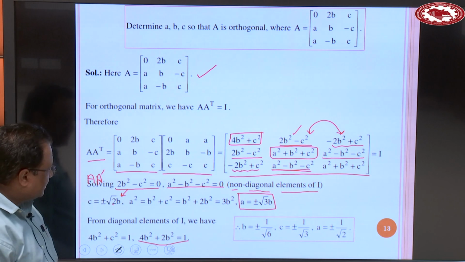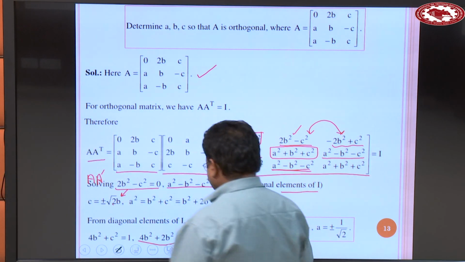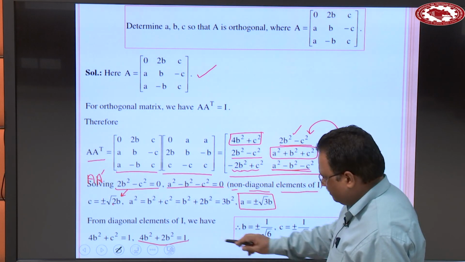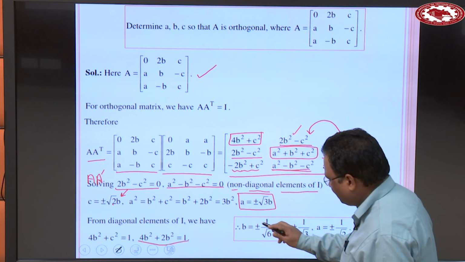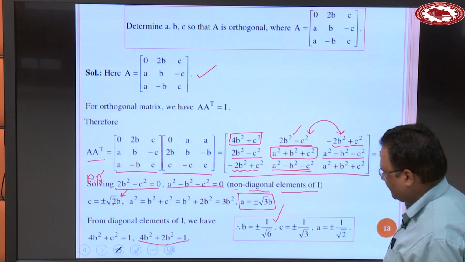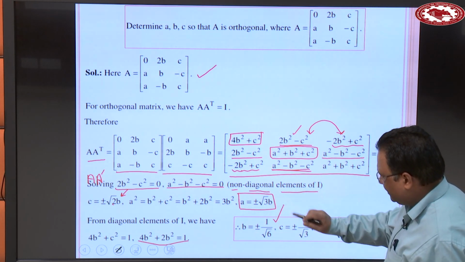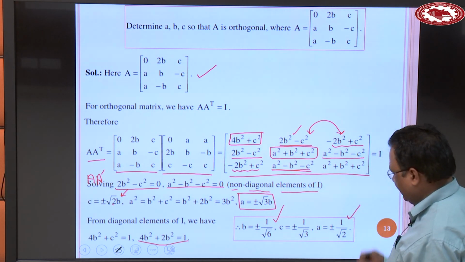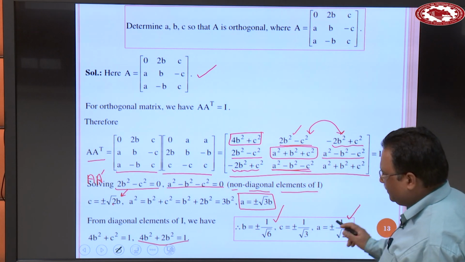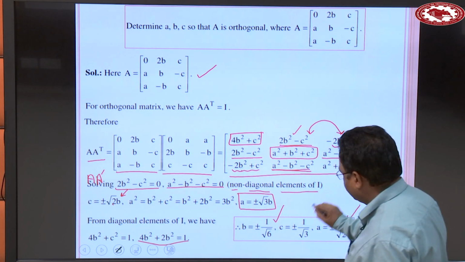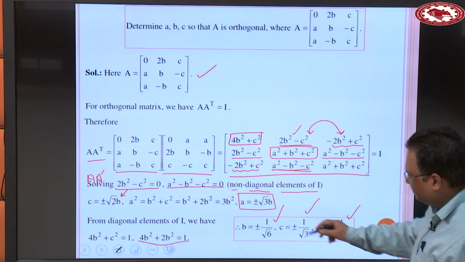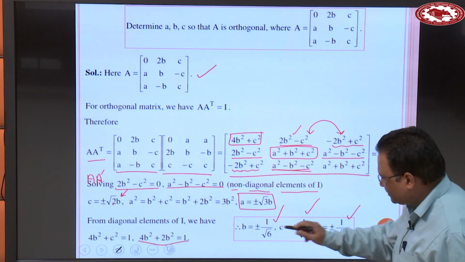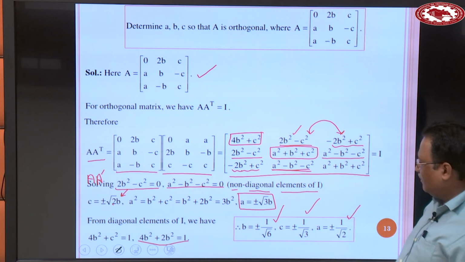Finally, 6b square is equal to 1, which means b is equal to plus minus 1 over under root 6. Substitute the value of b here, you will get a, and here you will get c. So a is plus minus 1 over under root 3, b is plus minus 1 over under root 6, c is plus minus 1 over under root 3.